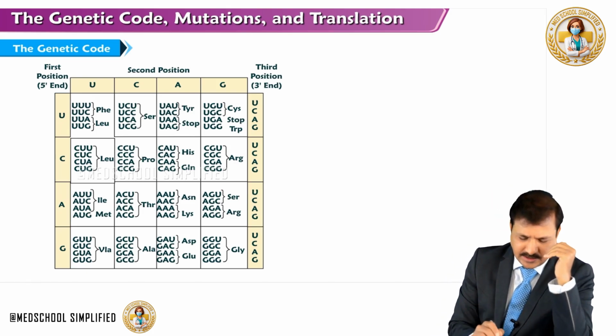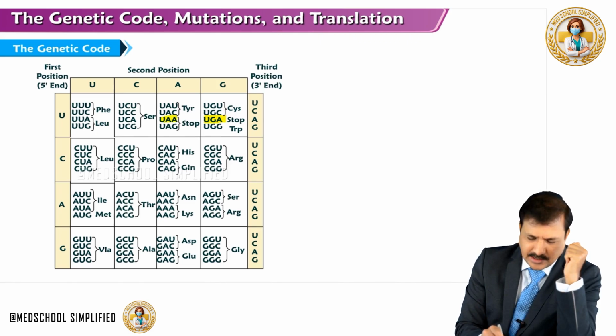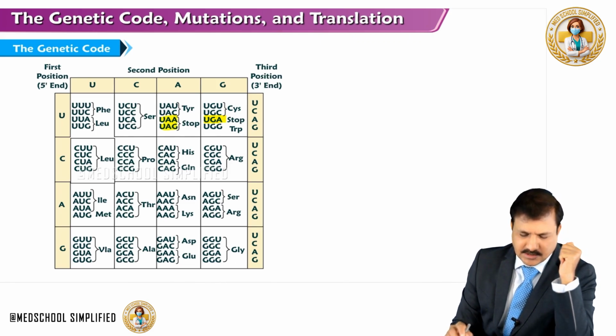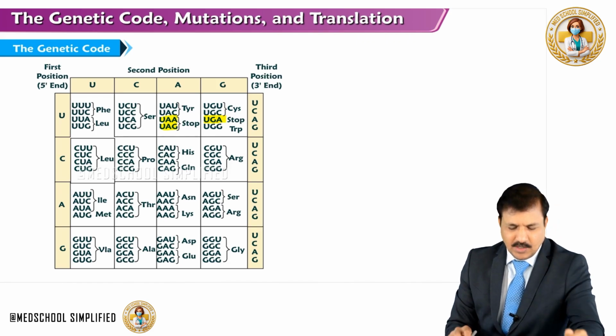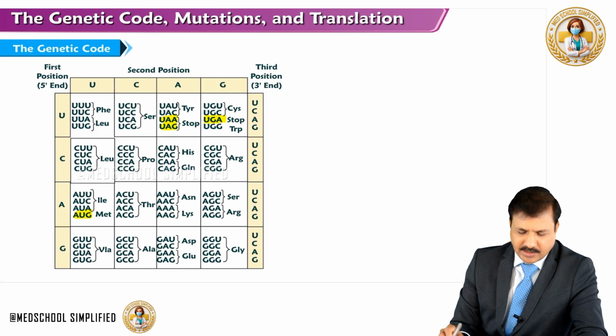Okay, as you see here in the table, find the stop codons, and those are UGA, UAA and UAG. These are the stop codons. And the start codon is AUG that I am marking here. Look for an amino acid that has more than one codon.